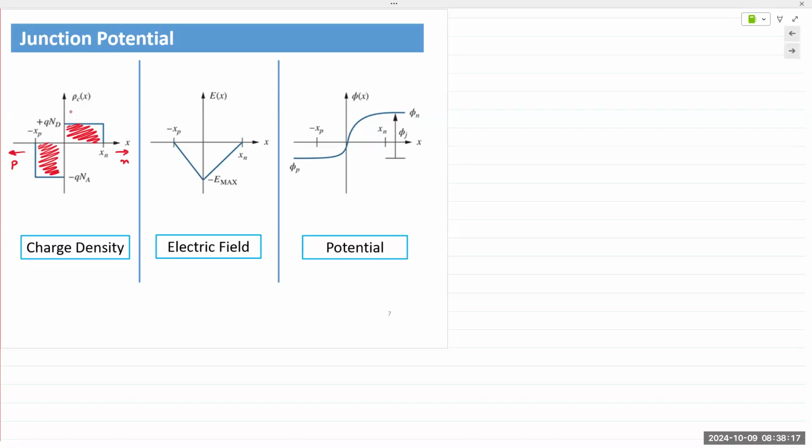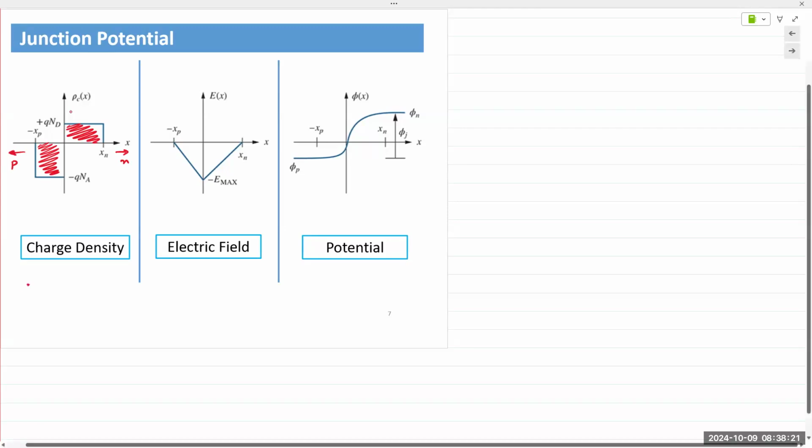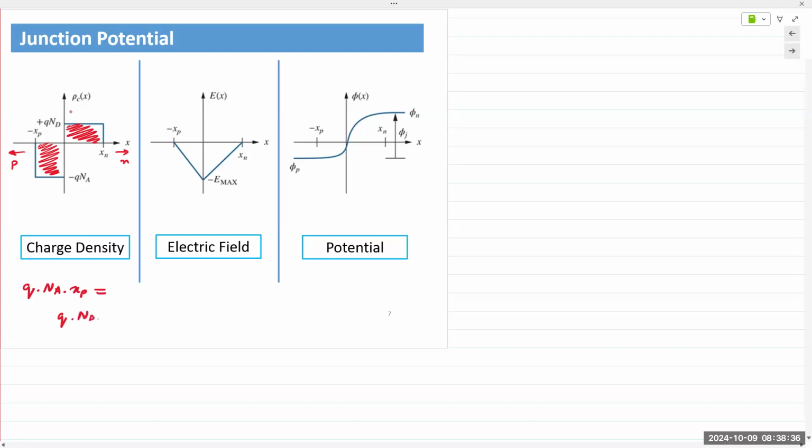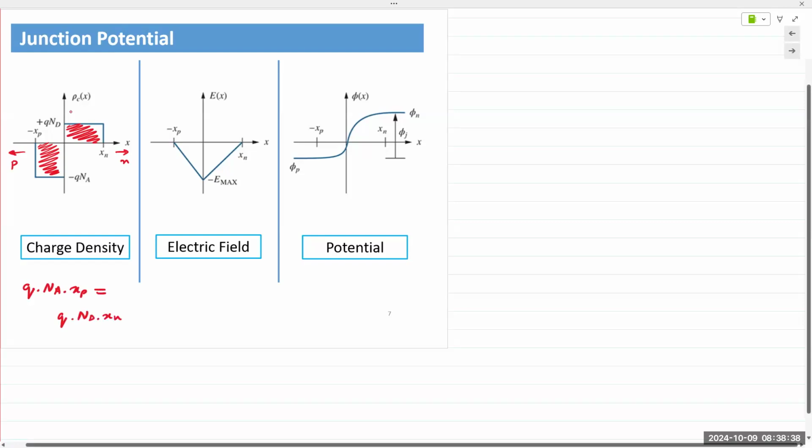And so we can write the total charge Q as A times XP, the depth in the P-type material, would be balanced out by the total charges on the other side.